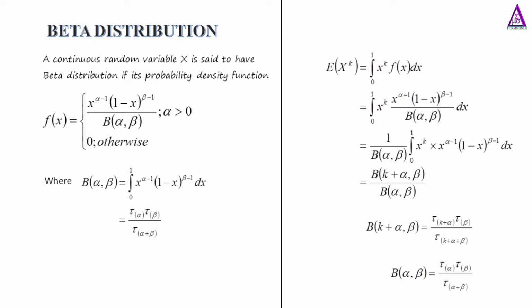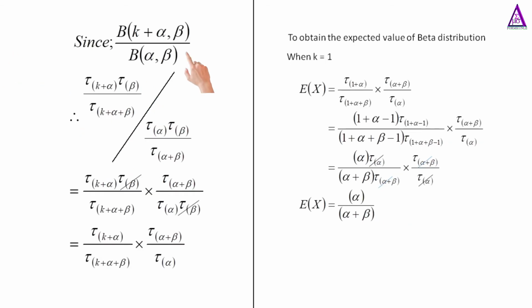And we already know that B of alpha comma beta equals gamma of alpha gamma of beta divided by gamma of alpha plus beta. Since B of k plus alpha comma beta divided by B of alpha comma beta, this equation gave us the second equation here.